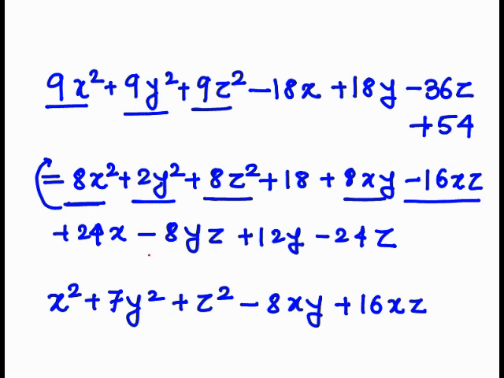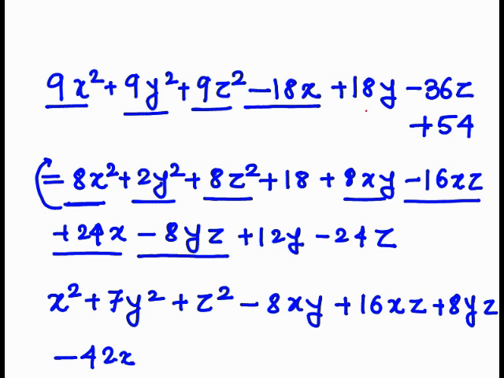One more term we have, that is minus 8yz. So we get plus 8yz. Now we are left with the single terms: minus 18x minus 24x. So 24 and 18 is 42, so it is minus 42x. Now the same way, 18y and 12y, we get plus 6y.